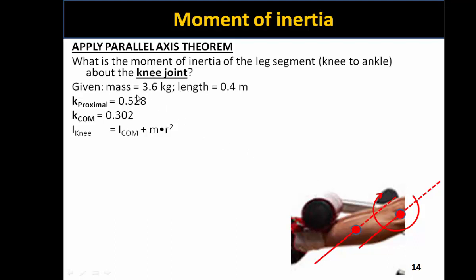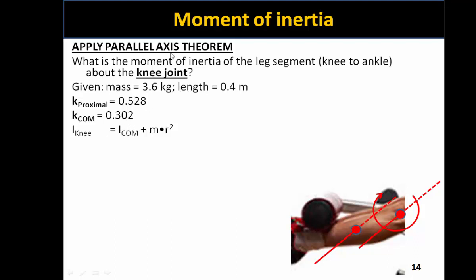So once again, nothing's changed. We still want to calculate the moment of inertia about the knee joint. We know the mass is 3.6 kilograms, the length is 0.4, the radius of gyration about the proximal is 0.528, and the radius of gyration about the center of mass is 0.302.